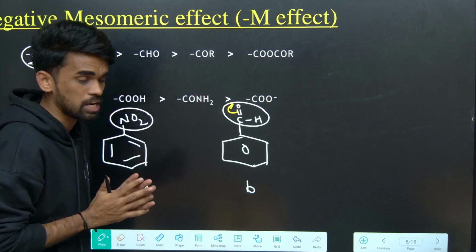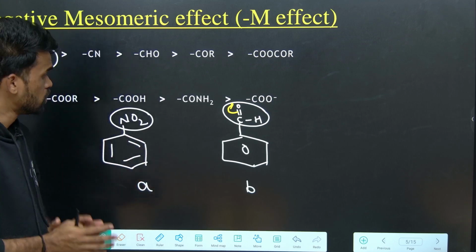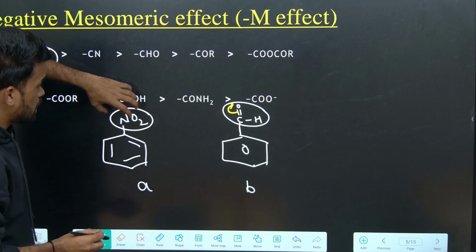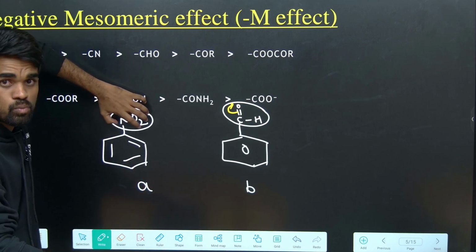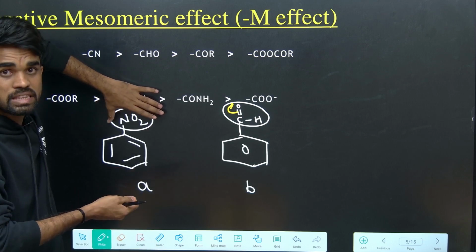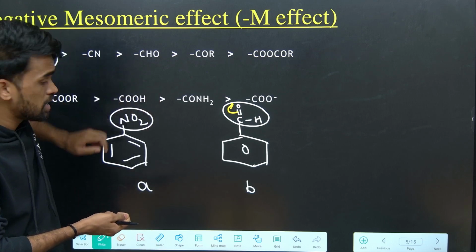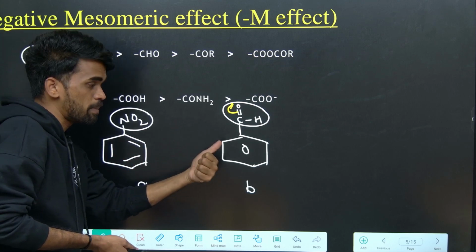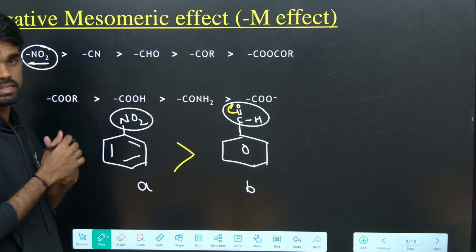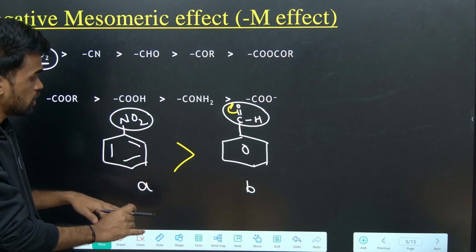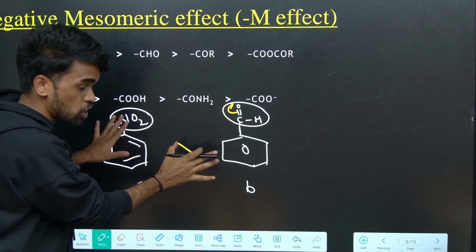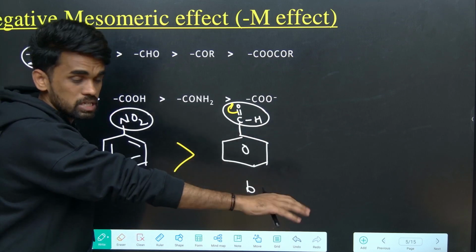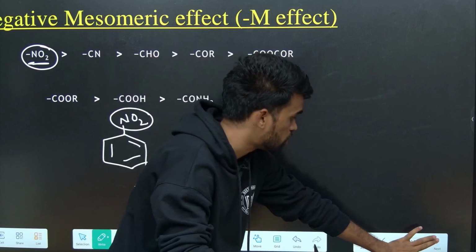So I can say this is an electron withdrawing group, here also it works the same. But the nitro group has more strength to withdraw the electrons. Therefore, I can say the more minus M effect is taking place in A when we compare with B. So I am writing like this. Okay. So this is also clear. Based on this concept only, we will have some questions after some time. Just hold for some time.